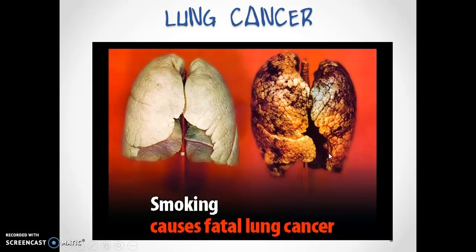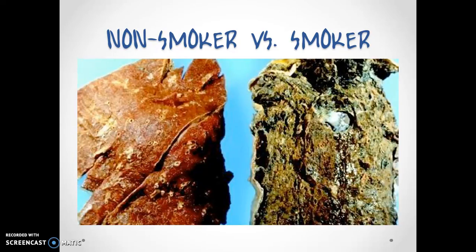Other than that, disorders of the respiratory system also include lung cancer, which is very common in smokers. So don't smoke. And this is the difference between smokers and non-smokers. This is the structure of their lungs.